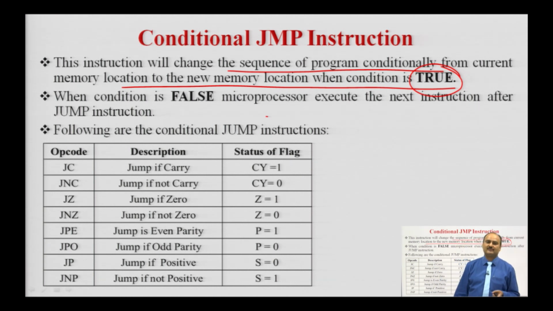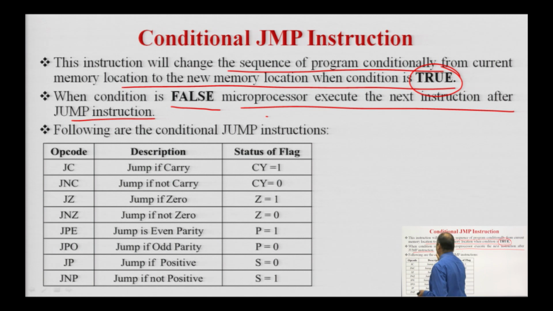Whenever the microprocessor executes this conditional jump instruction and the condition is true, the processor will transfer the control from the current memory location to the new memory location specified with the instruction. When the condition is false, the microprocessor executes the next instruction after the conditional jump instruction.